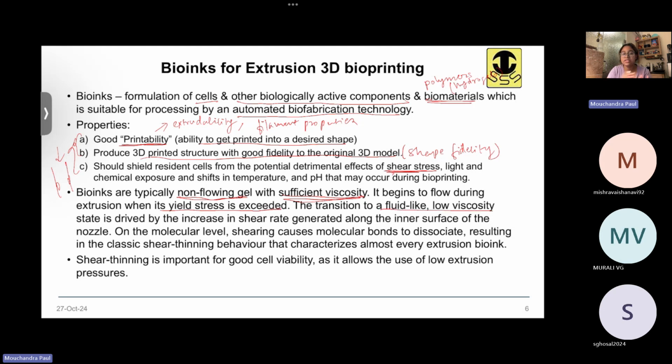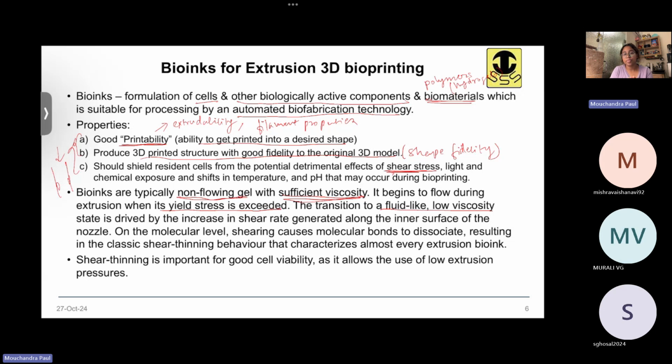Initially it is a non-flowing gel; you apply some pressure, the yield stress is exceeded, and it starts flowing. Its viscosity decreases. This is a property of a shear thinning fluid.